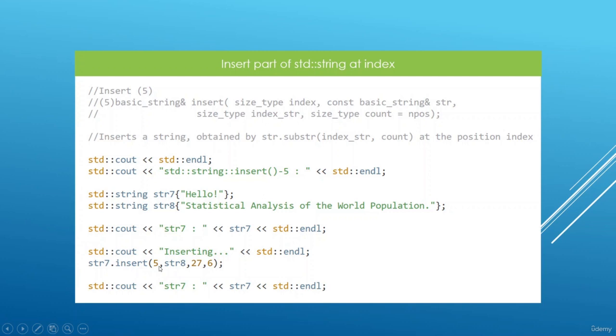What we insert is going to be part of str8, and we are going to start at index 27. If you count this, you're going to see that this space here is at index 27, and we are going to grab 6 characters. So 1, 2, 3, 4, 5, 6. And if we print this out, we're going to get hello world and this exclamation mark at the end.